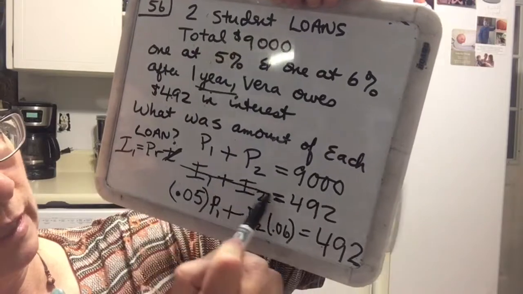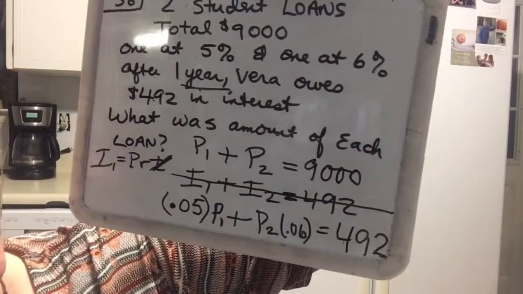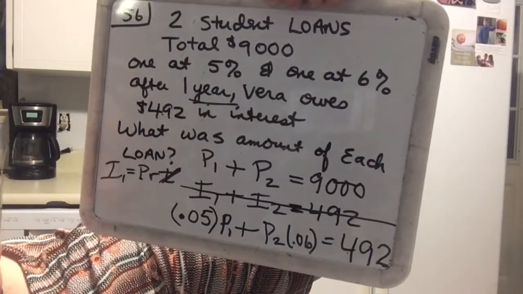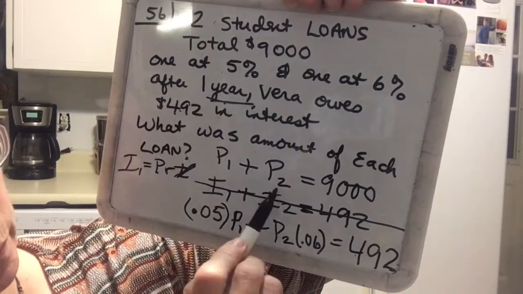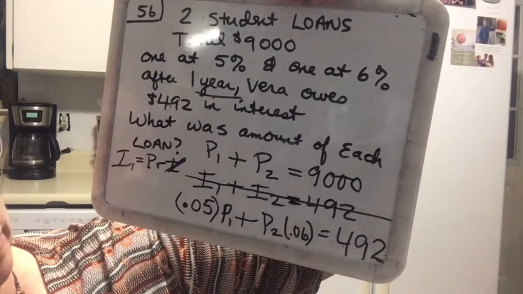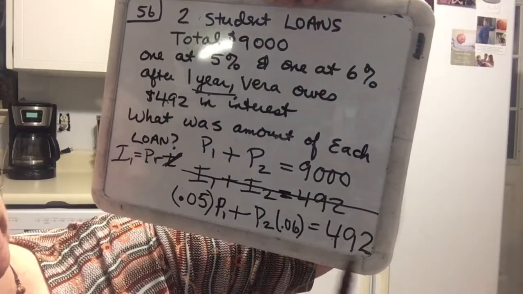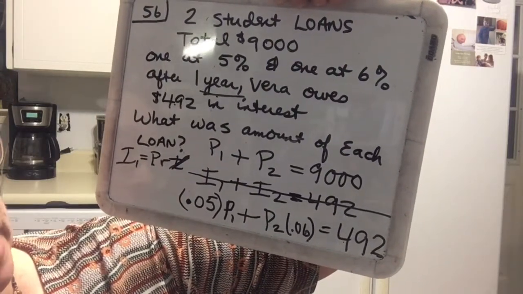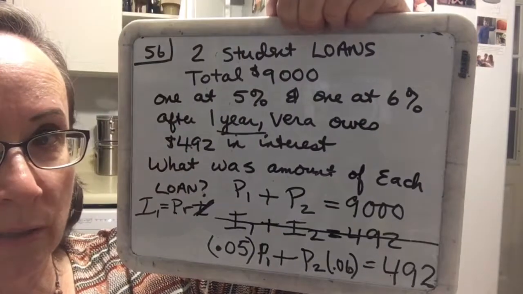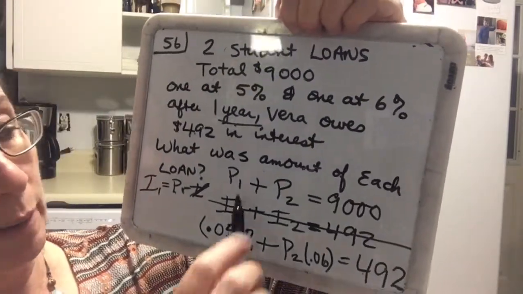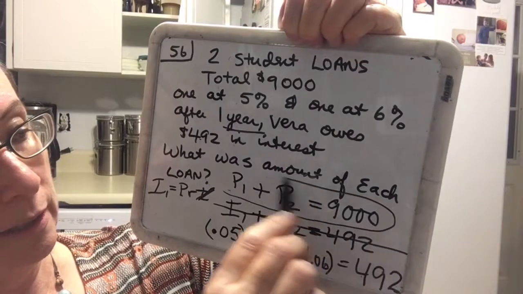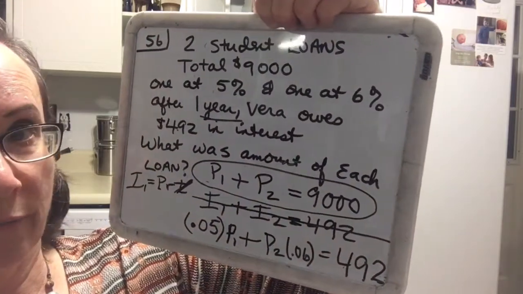Okay, so I've consolidated my information a little bit and I no longer need this equation. But when you look at the two of these, I've got a principal 1 and a principal 2 that add to 9,000, and then I've got a percentage of each one of those that adds to 492. I still have two variables, which is not ideal. So I'm going to take this equation and solve for one of those variables.